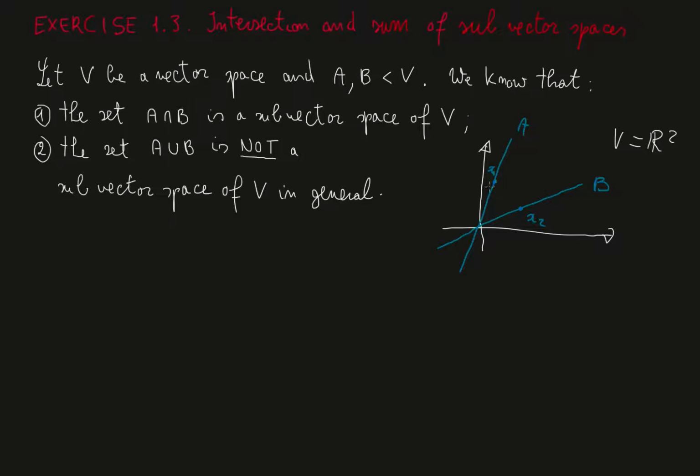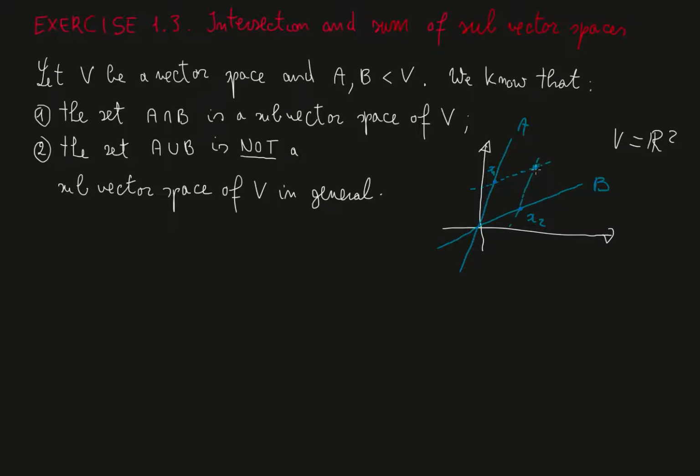Now we already have seen in previous lectures that, geometrically, to reconstruct the sum of x1 and x2, it amounts to draw the parallelogram generated by the segments connecting x1 with the origin and x2 with the origin.